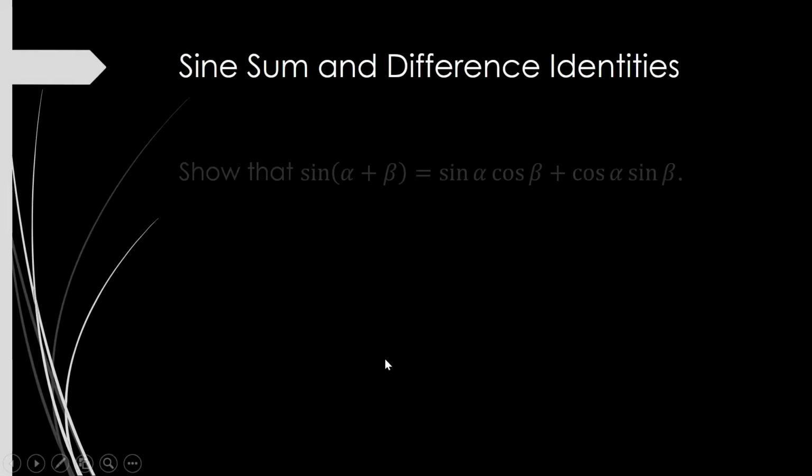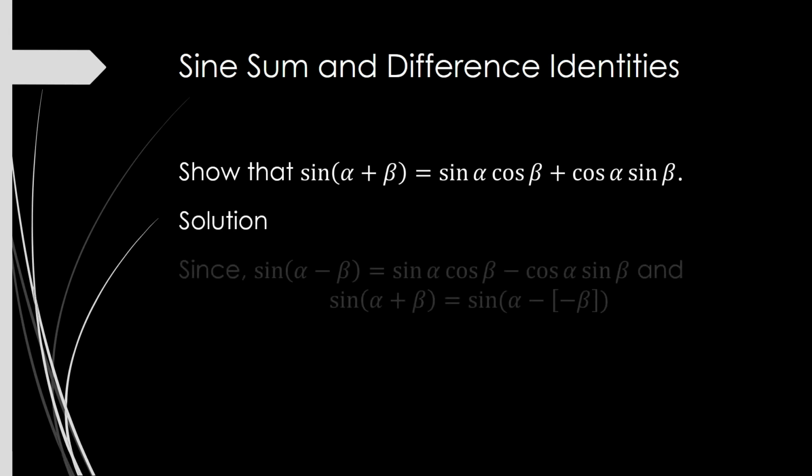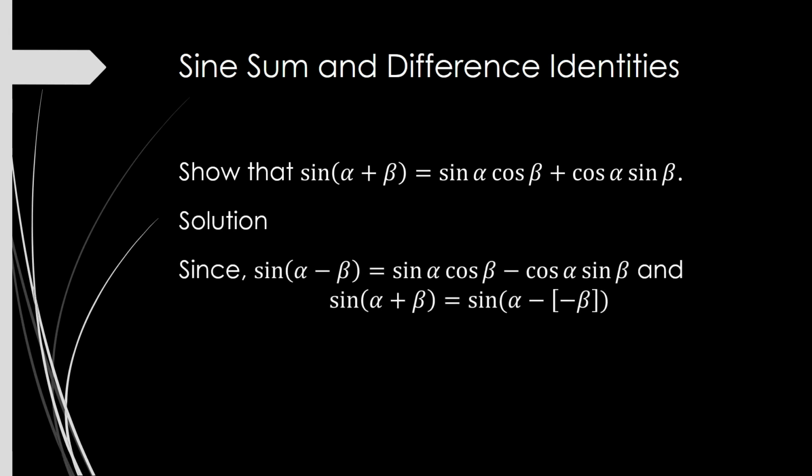When we go to the sum of angles identity for sine, what we shall do is just replace beta by negative beta, and then apply our difference identity for sine. So sine of alpha plus beta is in fact just sine of alpha minus negative beta.